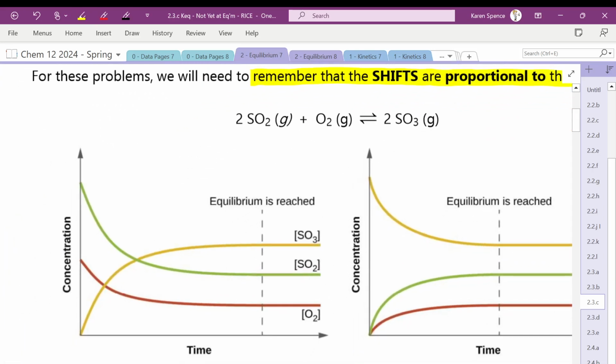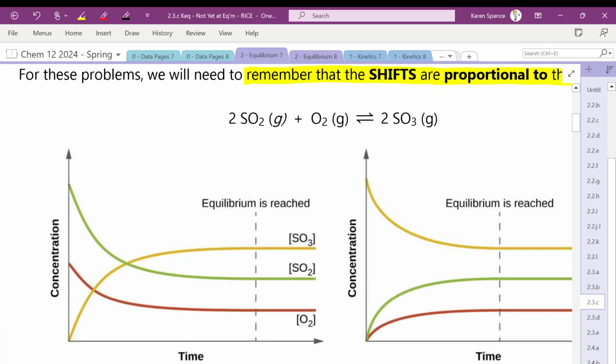So if we look at this graph here, you can see that SO3 goes up by that much, and SO2 goes down by that much. Do those arrows look about the same size? Yes, and that's because the coefficient of SO2 is a 2, and the coefficient of SO3 is also a 2. So this is a 2x, and this is a 2x.